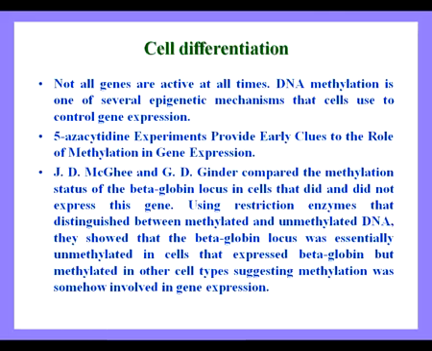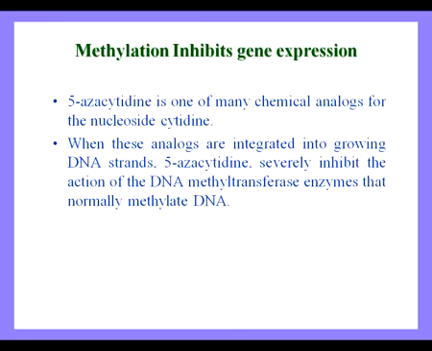This was the observation, and coupled with this was the 5-azacitidine experiment. They utilized the property of 5-azacitidine, which is one of the many chemical analogues of the nucleoside cytidine. When these analogues are integrated into growing DNA strands, 5-azacitidine severely inhibits the action of DNA methyltransferase enzymes, DNMTs.